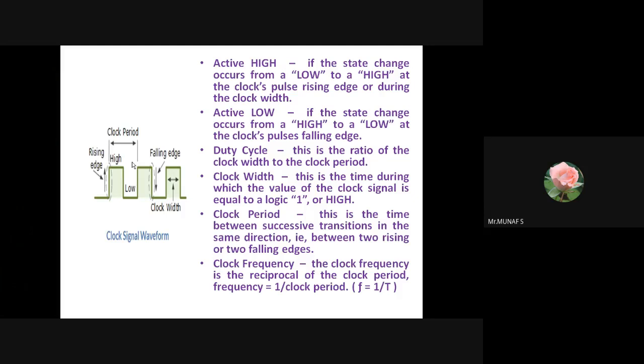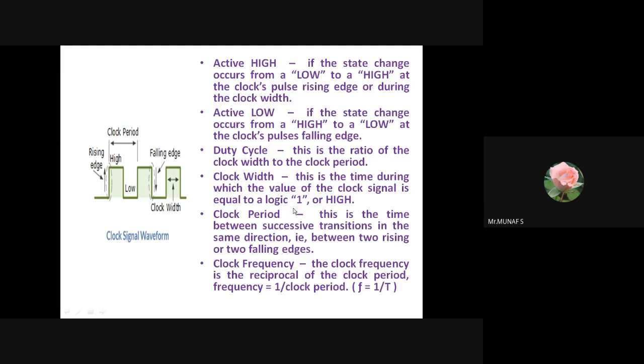What is duty cycle? Duty cycle is nothing but the ratio of clock width to the clock period. This is the clock width, and this is the clock period. The ratio of clock width with respect to clock period. And what is clock width? Clock width is the time duration in which the value of the clock signal is equal to logical 1.